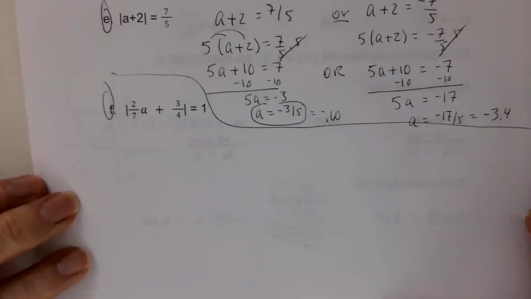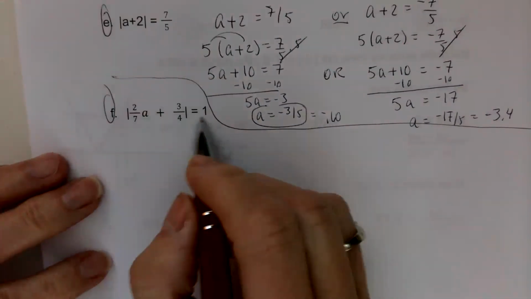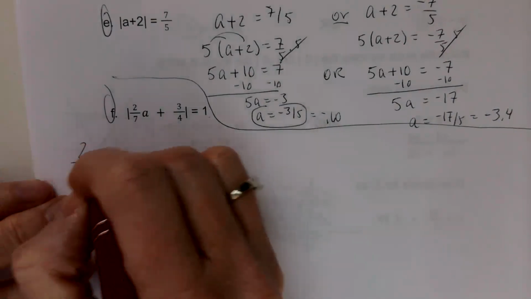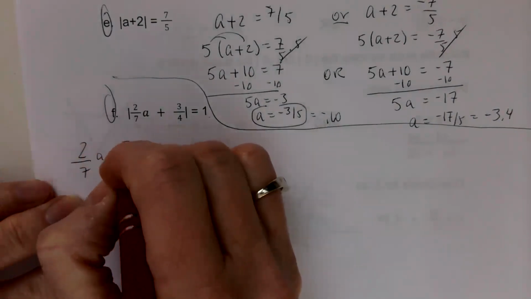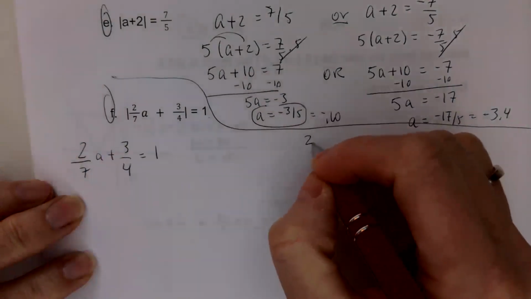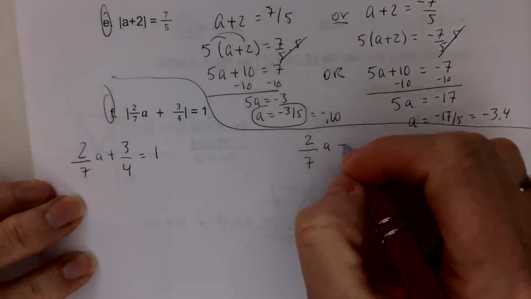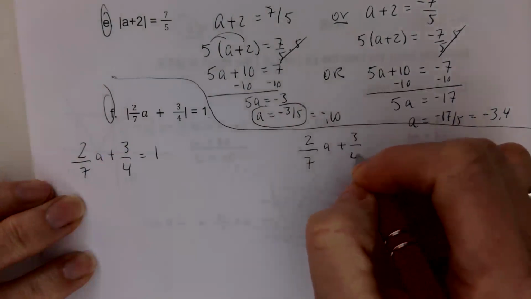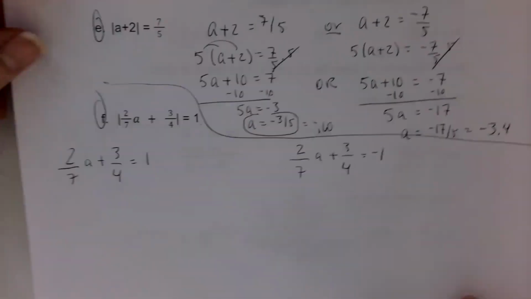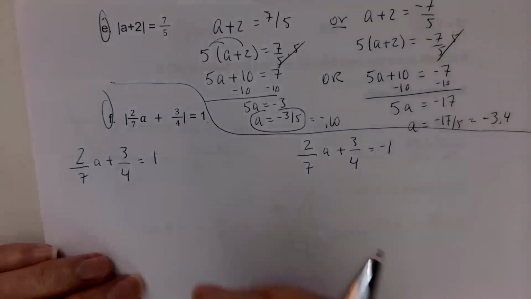Letter F. The letter F, we have to set it equal to +1 and -1 first. So we have 2/7 A plus 3/4 equals 1. And then 2/7 A plus 3/4 equals a -1. Okay.